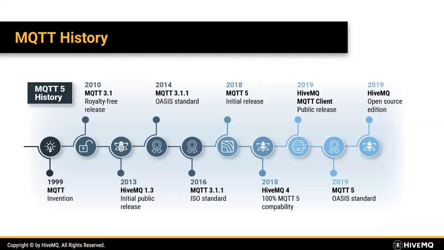And from there on, it has always evolved, and HiveMQ evolved with it, up to the current version that is MQTT 5. Quite fresh also is that there is now a HiveMQ open source version and a client that you can use that also fully supports MQTT 5.